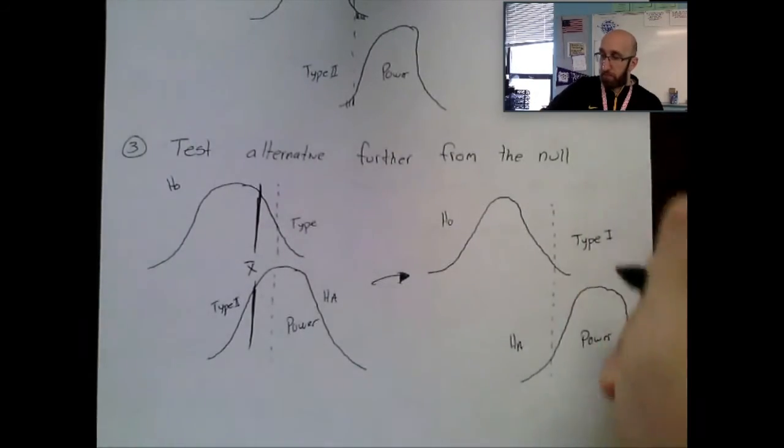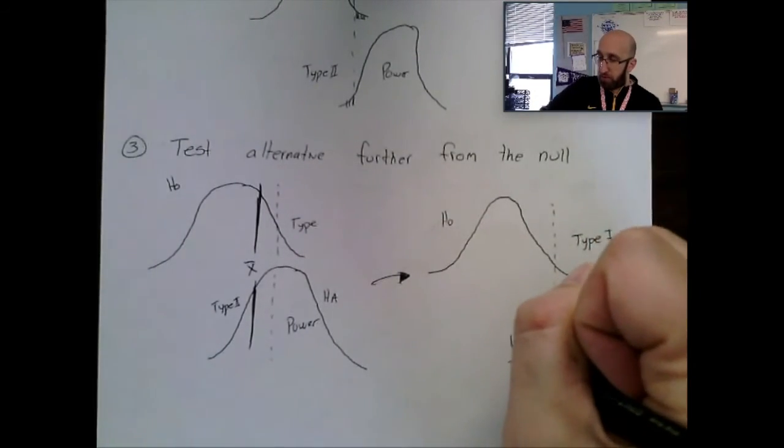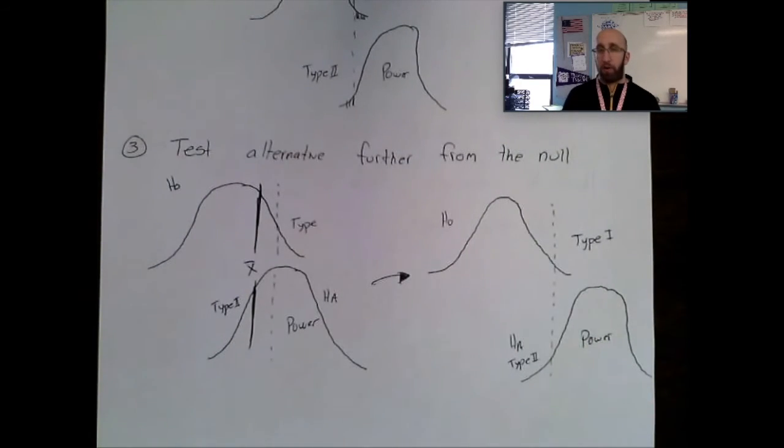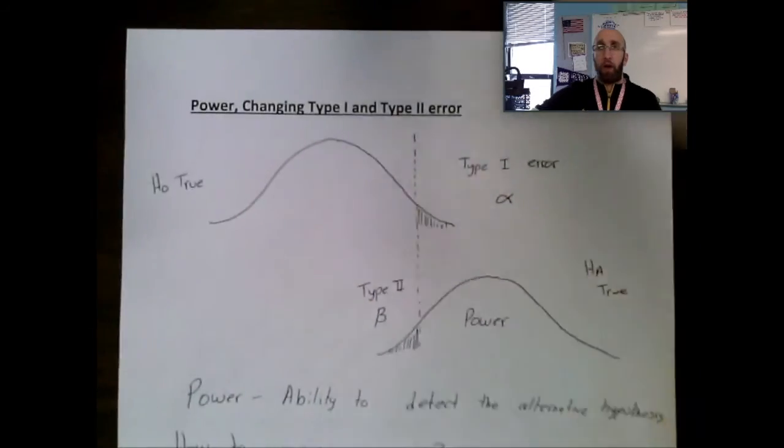So there's your type 1, there's your type 2, and there's your power. So the space under the curve there is much, much bigger for the power. So the three ways we can affect power is increasing our alpha, increasing our sample size, and test an alternative further from the null.